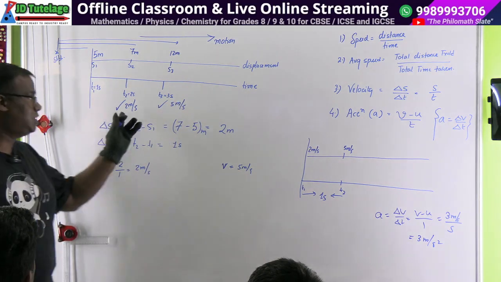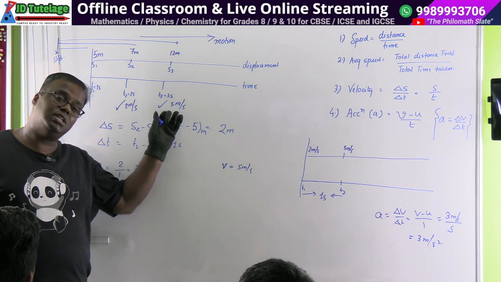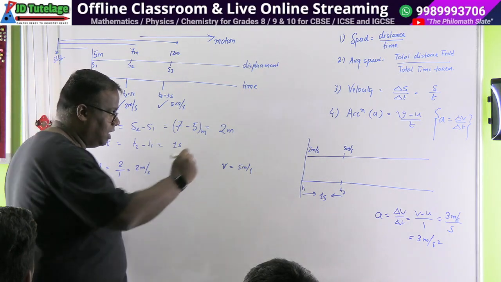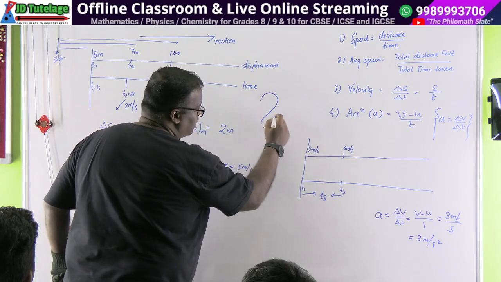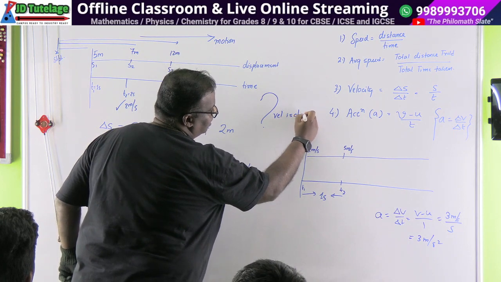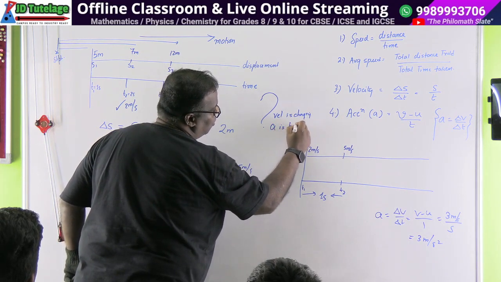Sir, the velocity has changed. That means velocity is not constant. And where velocity is not constant, this is your cue: if you hear that velocity is changing, immediately you say that acceleration is born.